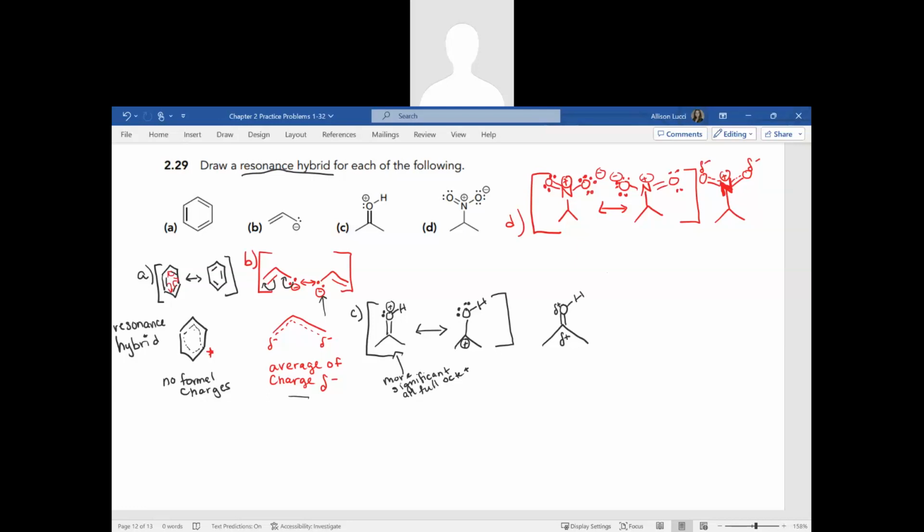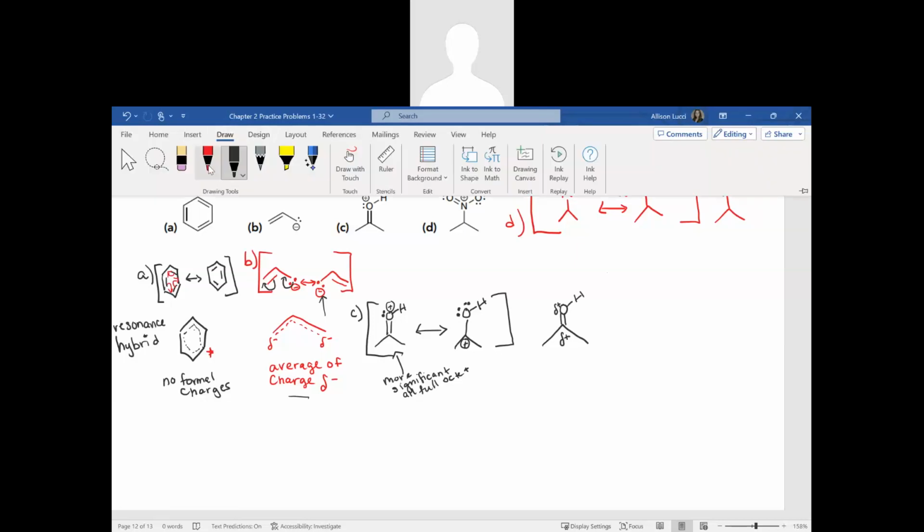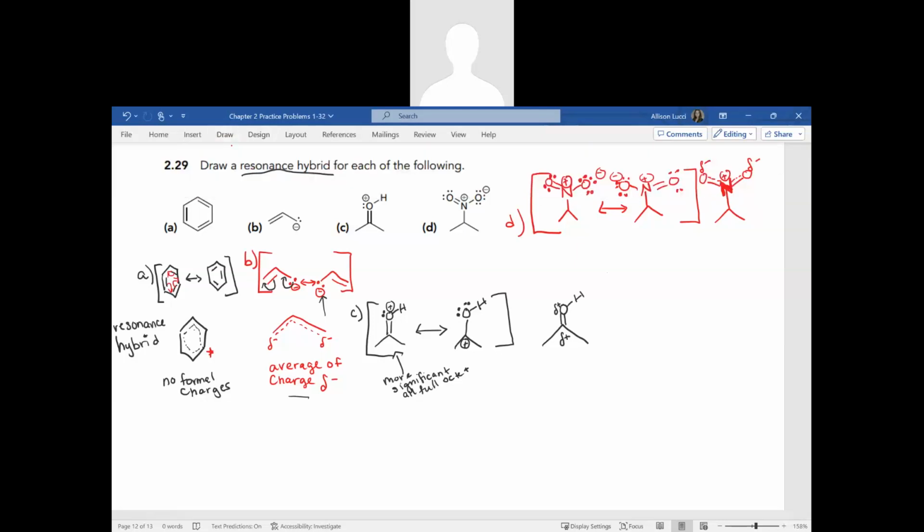Then we have resonance structure C. The most significant form here is the structure that's given. That's because all of the atoms have a full octet, so that's why that's most significant. After movement of some electrons, we move the pi bond from that carbonyl up to the oxygen, and we create that carbocation here.